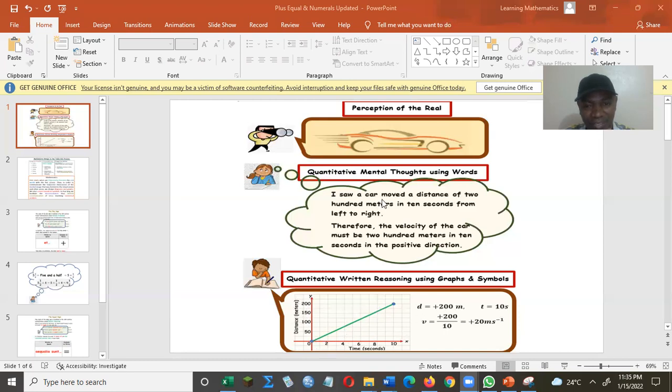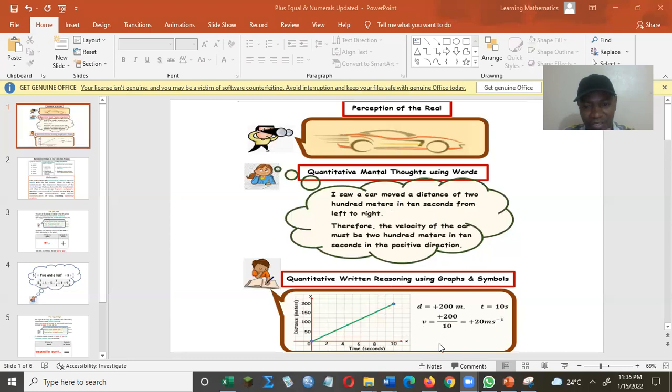So D for distance. So here you can see words turn into symbols. 200, here's the word for 200, here's the symbol. Time, here's the symbol for time, is equal to, here's the symbol for is equal to. 10, T-E-N, 10, here's the symbol for 10. So words turn into symbols.